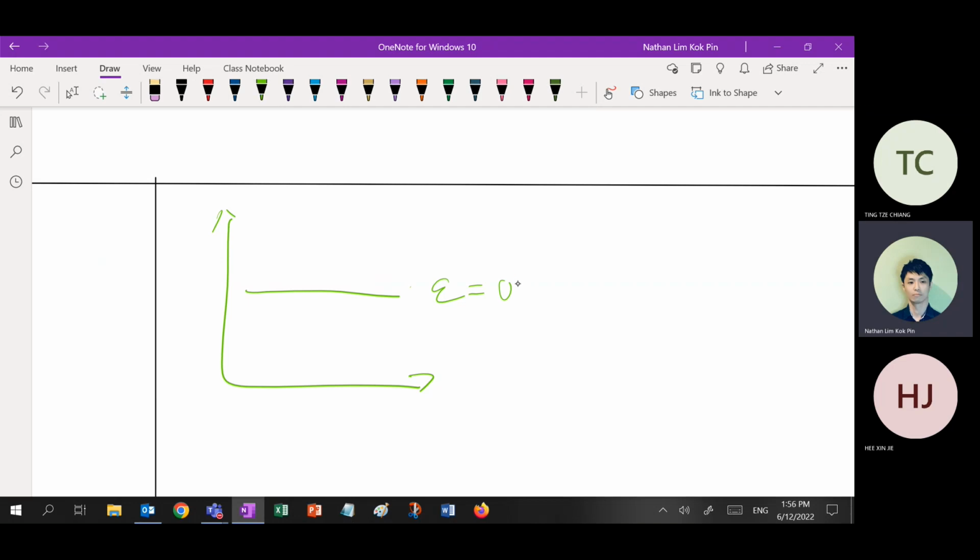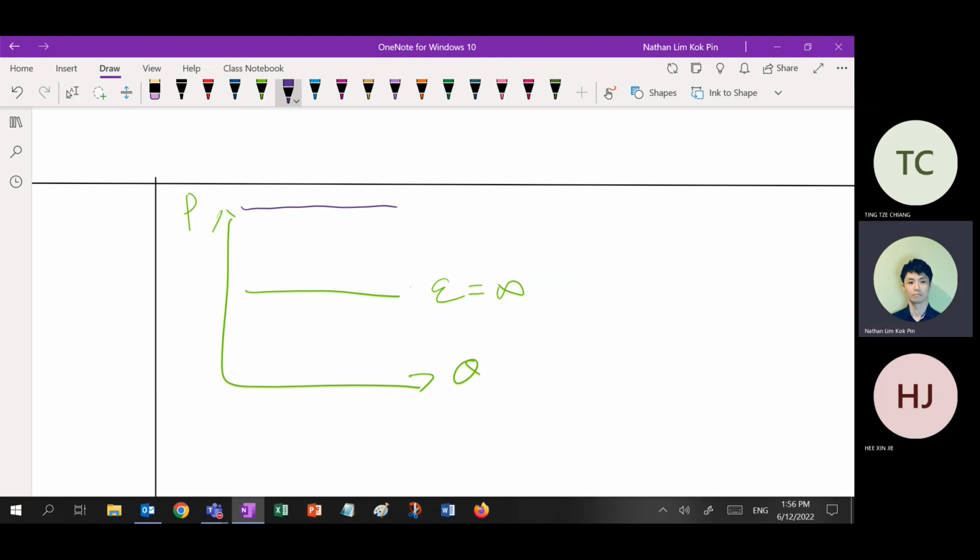When epsilon equals infinite, it's perfectly elastic, because the horizontal curve looks like what letter? E. Perfect. So when you want to draw an elastic demand curve, it must look like E.